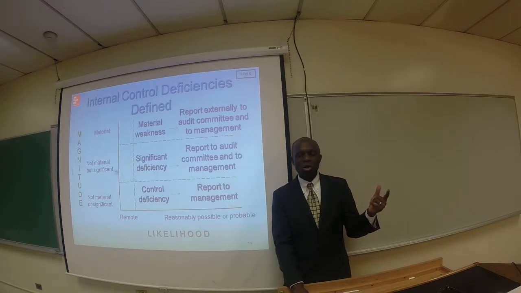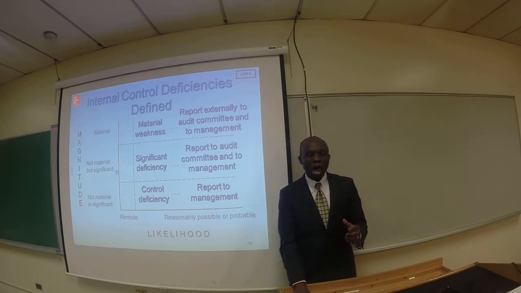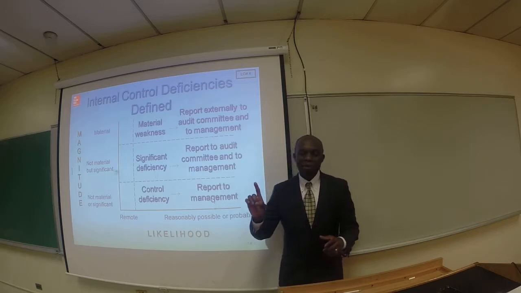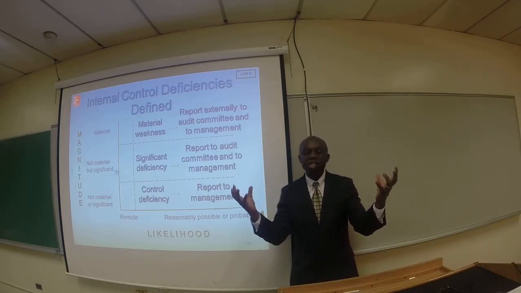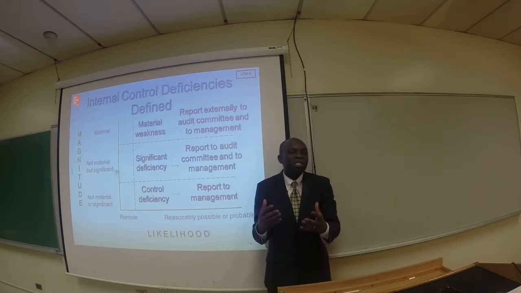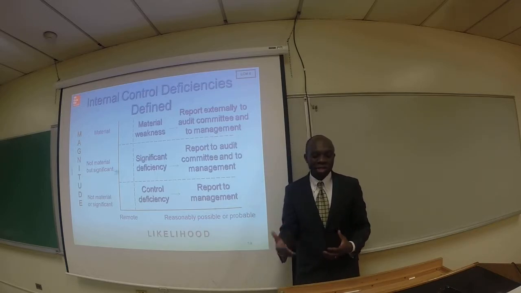If the impact or the severity on the financial statement is not material or significant, then we have a control deficiency. In such circumstance, we will report it to management. Again, let me back up here. We are using these two dimensions, likelihood and magnitude, to help us determine how severe the control deficiency is.